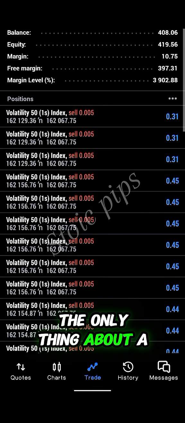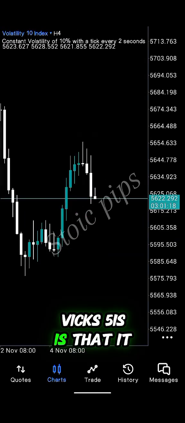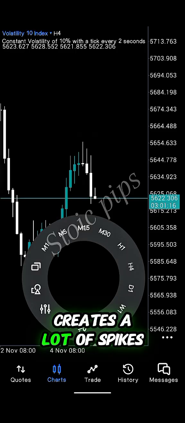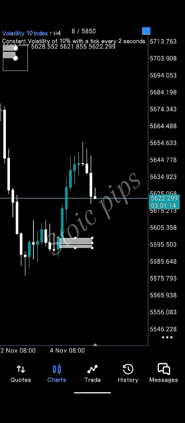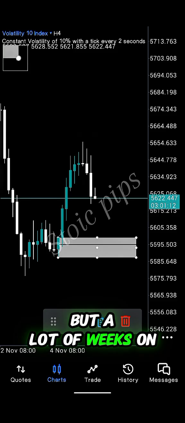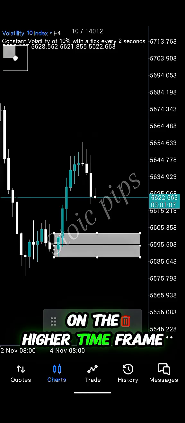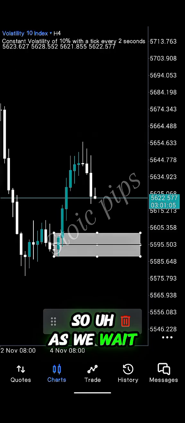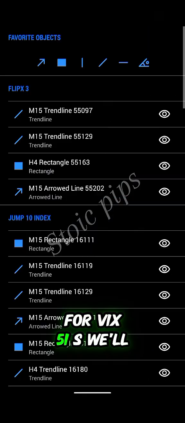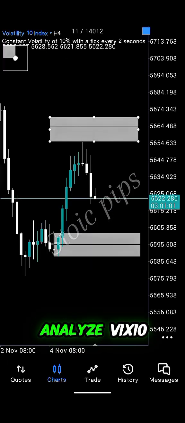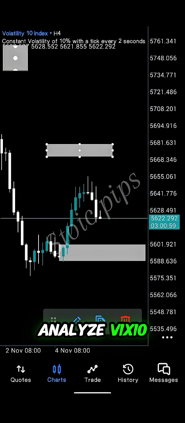The only thing about VIX 51S is that it creates a lot of wicks on the higher time frame. So as we wait for VIX 51S, we'll analyze VIX 10 index.